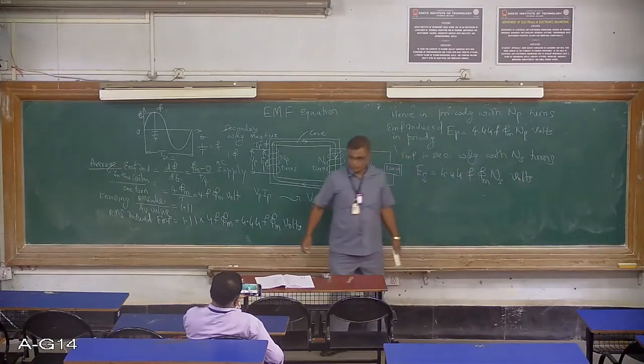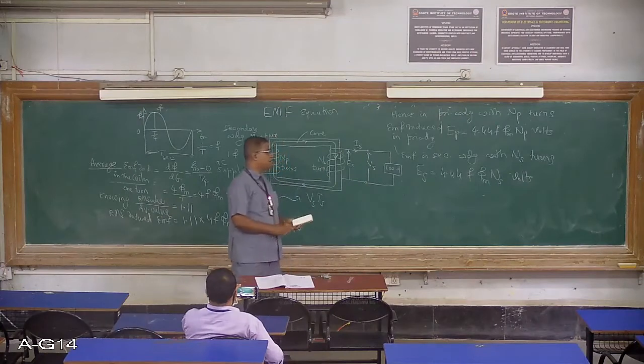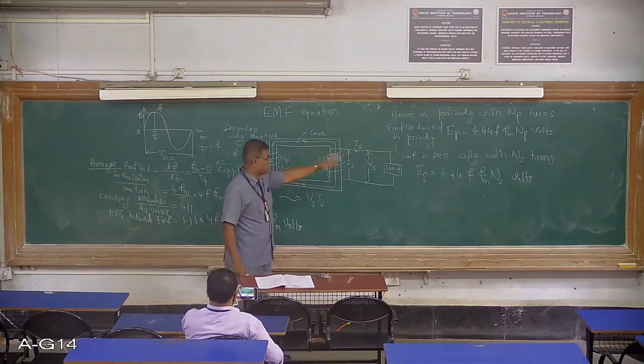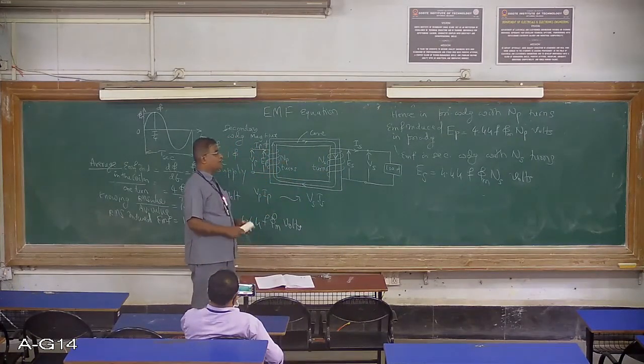In this way, you find the two expressions for the EMFs. One is the primary EMF, another is the secondary EMF. These are called the EMF equations for primary and secondary.